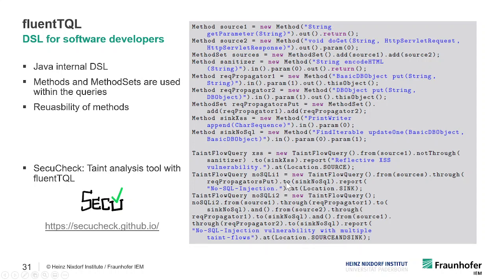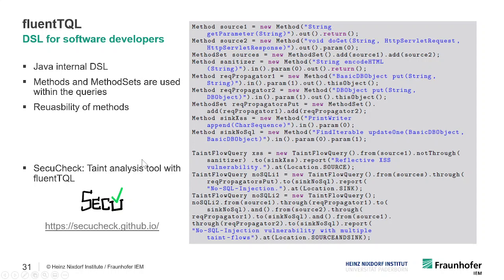This is very tailored to taint analysis, so compared to CodeQL, this is much less expressive, but we have done a usability study recently showing that software developers find this language much more usable and understandable.